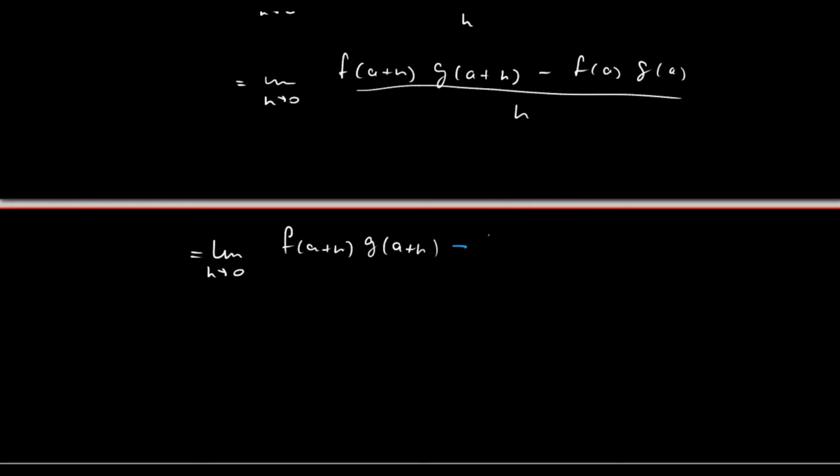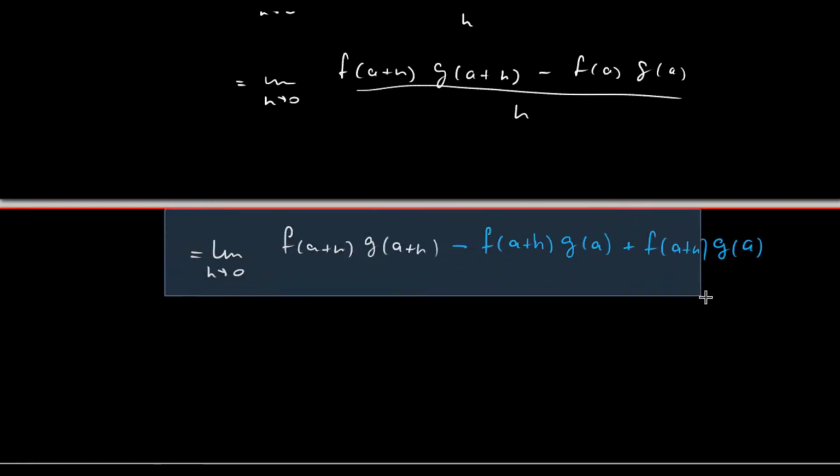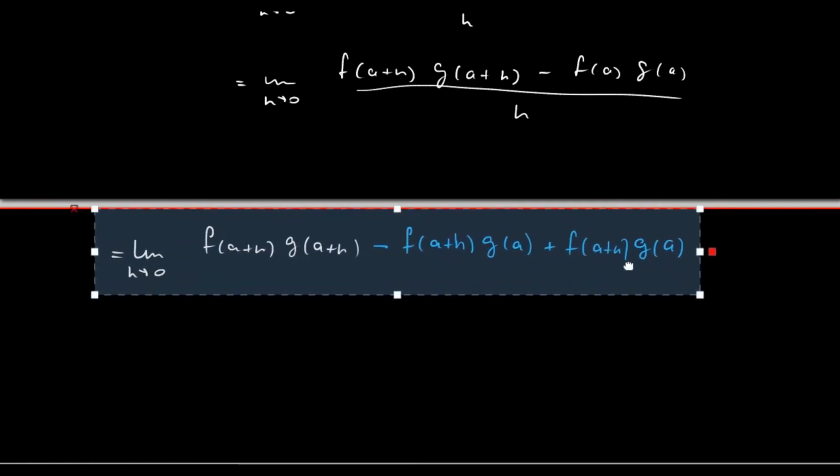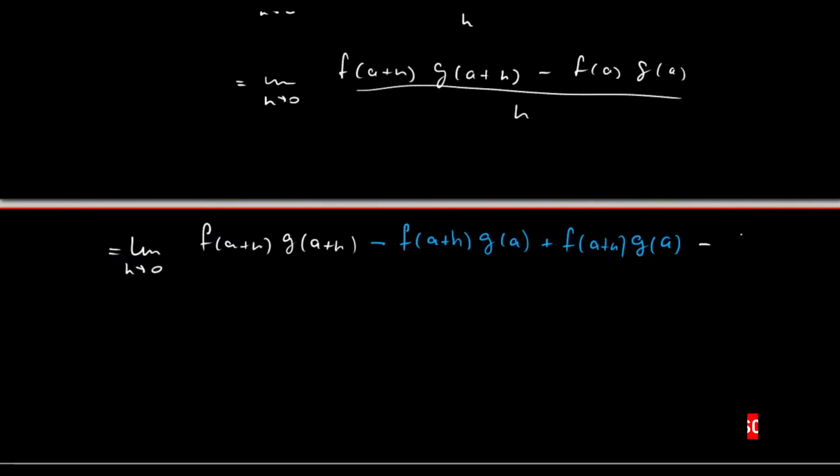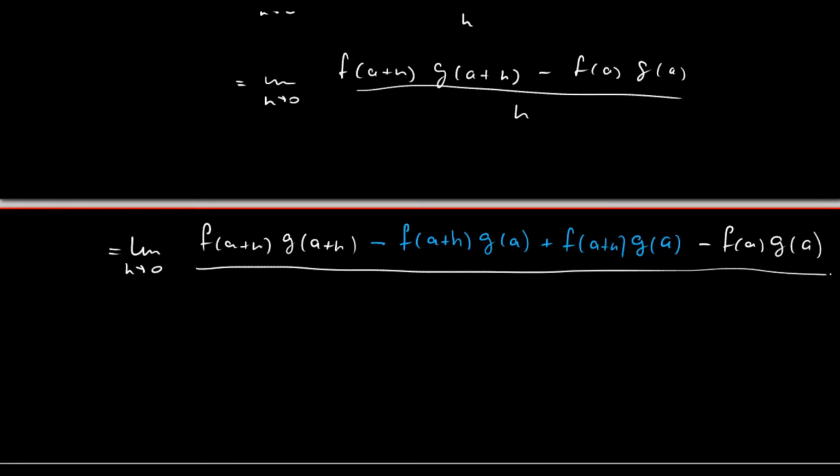So we're going to subtract f in a plus h times g in a, and then add it again. And the last term we had is f in a times g in a, and all this divided by h.